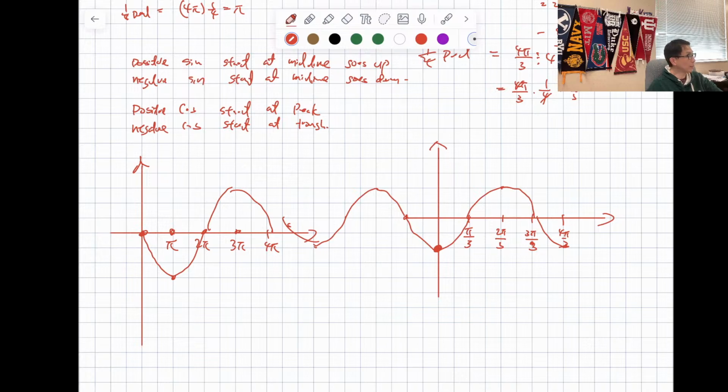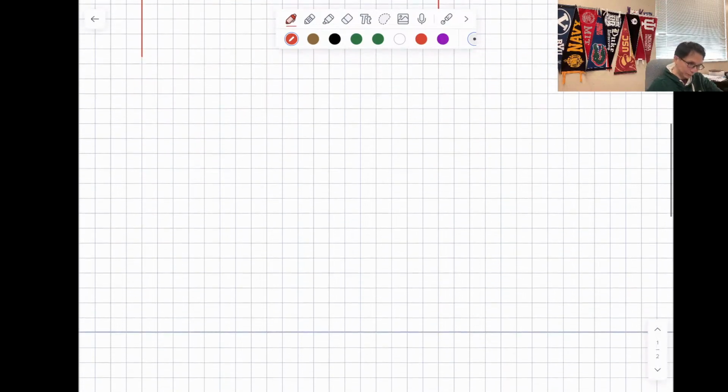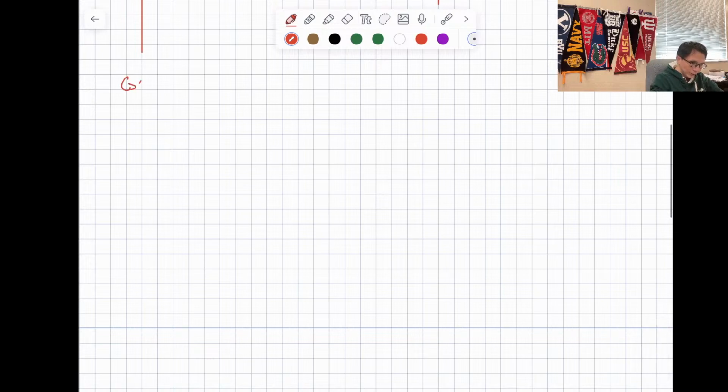Now, I want to talk about one more thing. Cosine of x is known as an even function. Sine of x is known as an odd function. And you can tell from the graph why they are even.